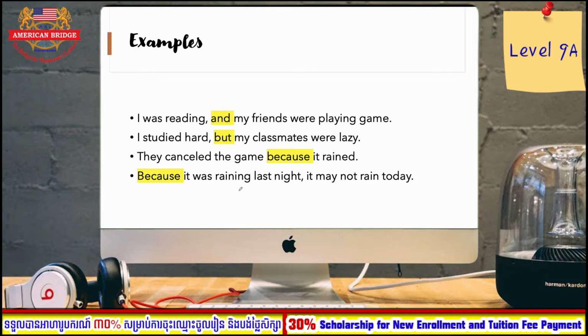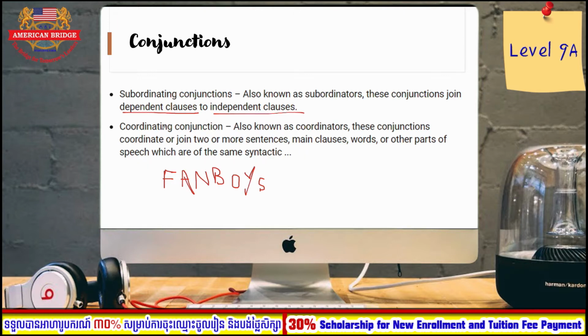So in these examples, you will see the highlighted words, and these are the conjunctions. For the first two, these are the coordinating conjunctions. Let's read the example. I was reading and my friend was playing games. Look at the meaning of the coordinating conjunction, which joins two or more sentences.